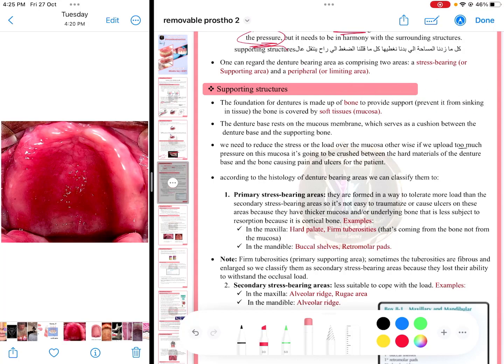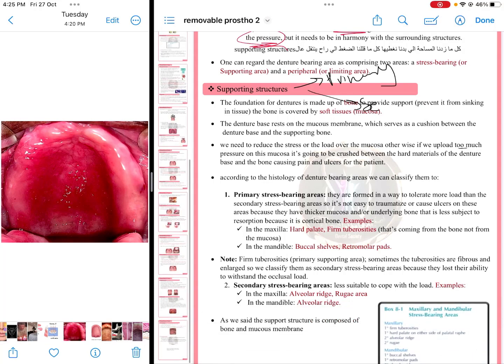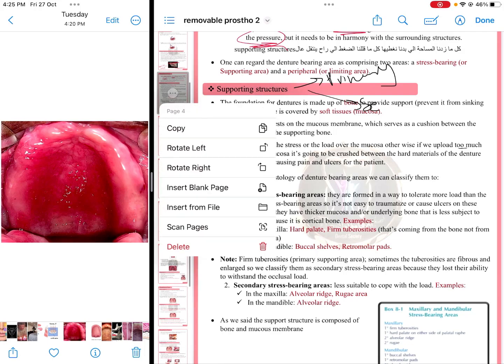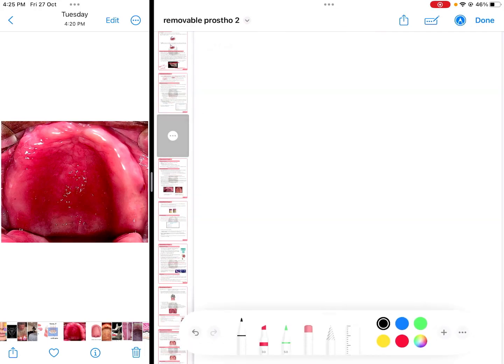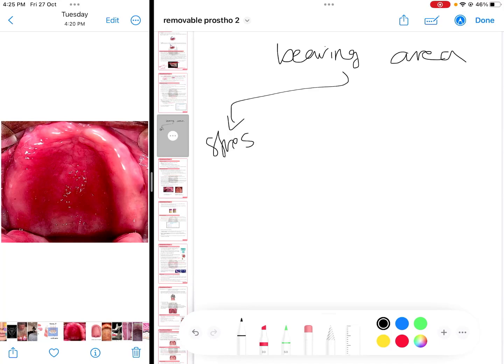Now, furthermore, the supporting structure is divided into primary supporting structure and secondary. So, if we want to draw a map, let's do it here. Okay, we will say that the bearing areas are classified into stress bearing area, or supporting, and we have the peripheral area.